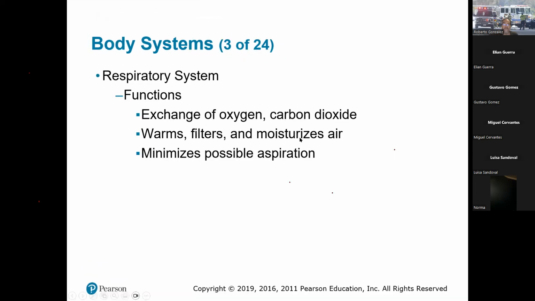So it's oxygen and carbon dioxide, and it warms, filters, and moistens the air, and also minimizes possible aspiration.